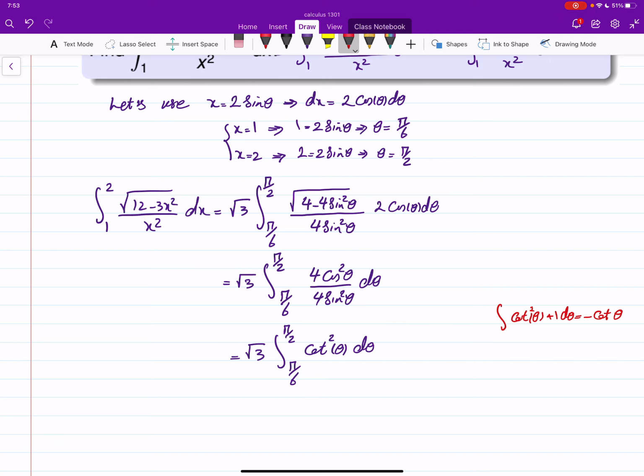Using that fact, we can write this into 2 pieces. One part will give us minus cotan theta. The other piece will give us minus 1, I believe, minus theta. And then go from pi over 6 to pi over 2.